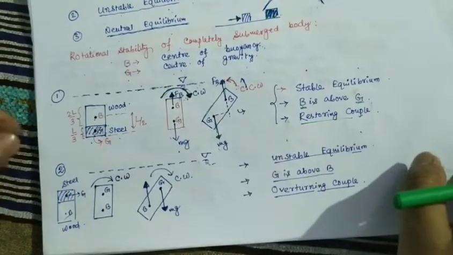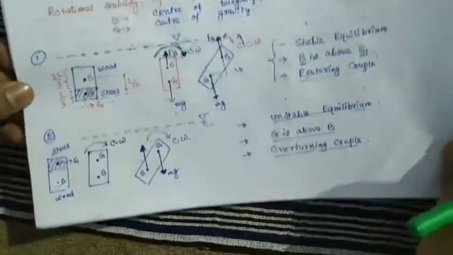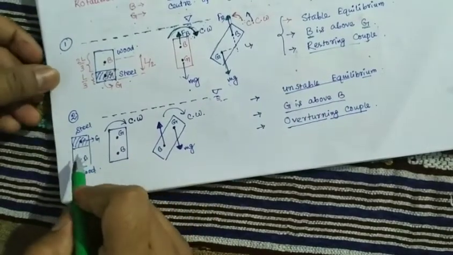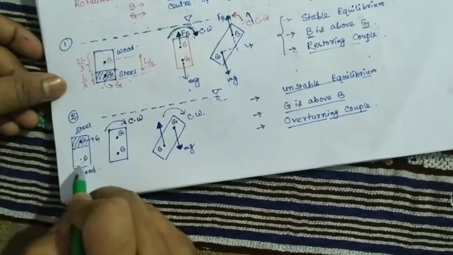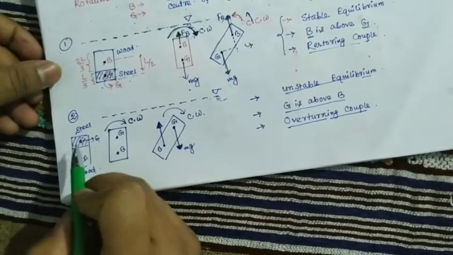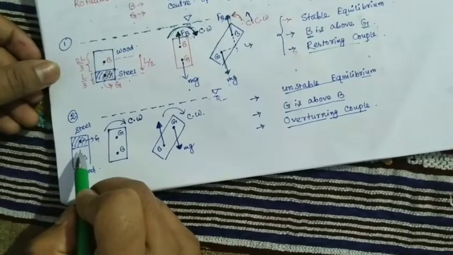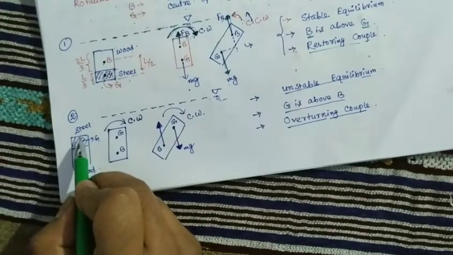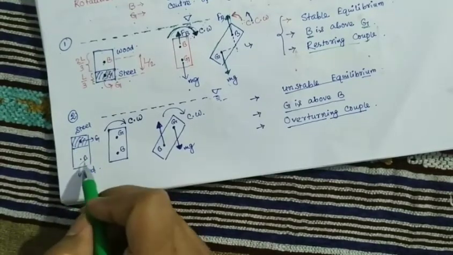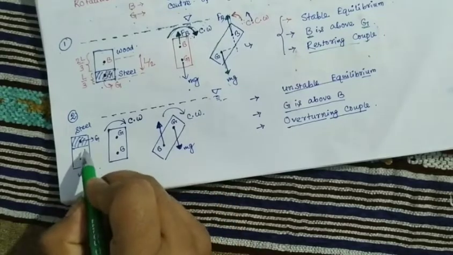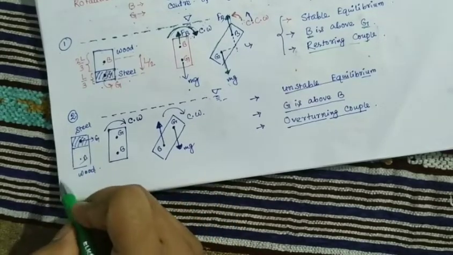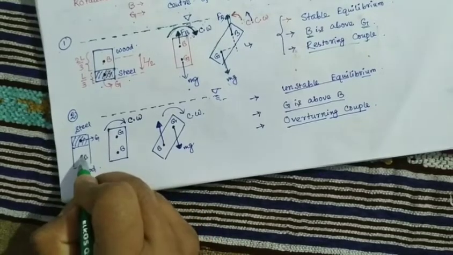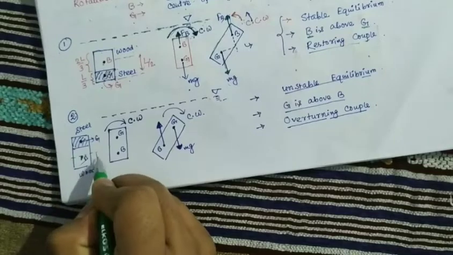Now the second condition. I am taking the same rectangular body but in a different way. The upper portion of the body is made of steel and the lower portion is made of wood. Now definitely the center of gravity will be on the upper side and the center of buoyancy will be at the middle, L by 2.